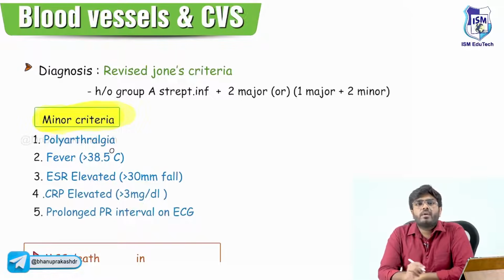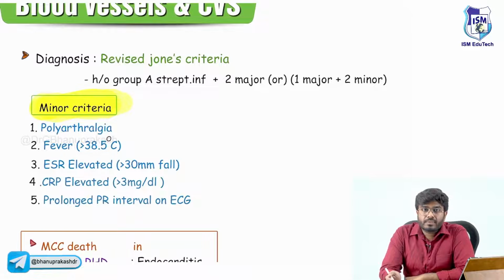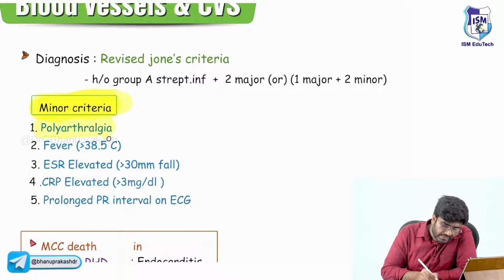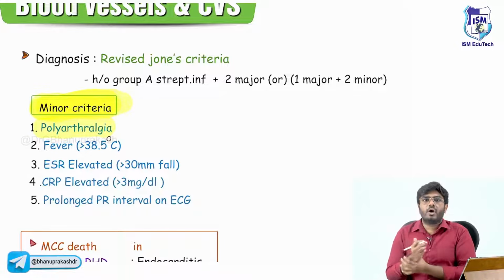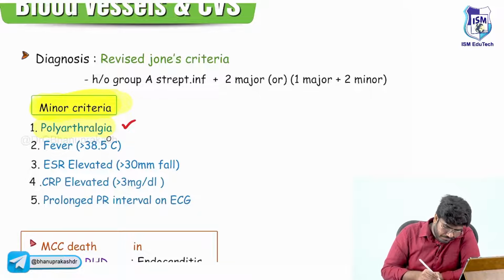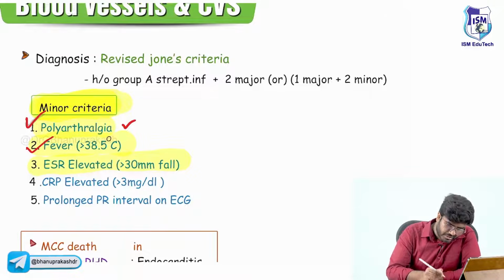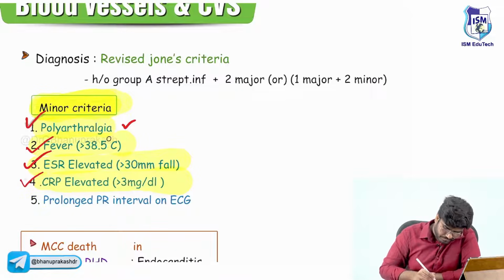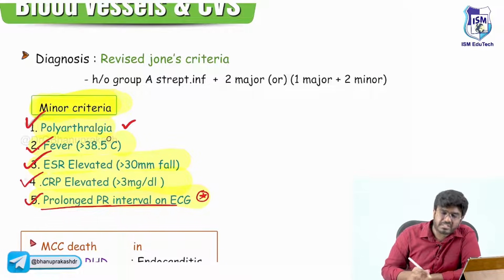If this baby is having polyarthralgia, not arthritis, not inflammation, just pain in the joints, and fever, or an elevated erythrocyte sedimentation rate, or elevated CRP levels, acute phase reactants, and a prolonged PR interval in the ECG.